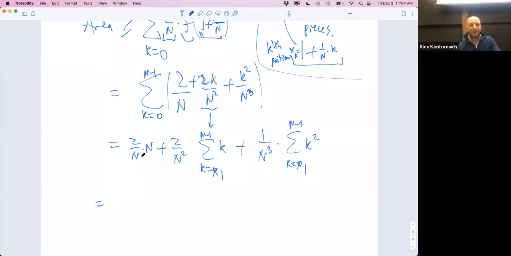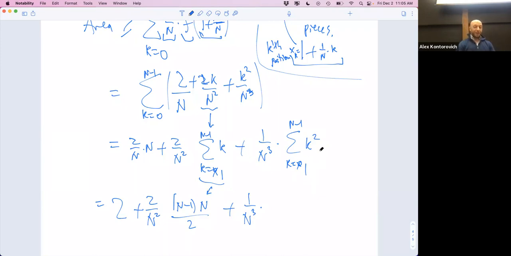And the sum, so here I get 2 again. I have a factor 2/n squared. The sum of k as k goes from 1 to anything is anything times anything plus 1 divided by 2. So that's anything times 1 more than anything over 2. That's this sum. And finally, I have my 1 over n cubed term.